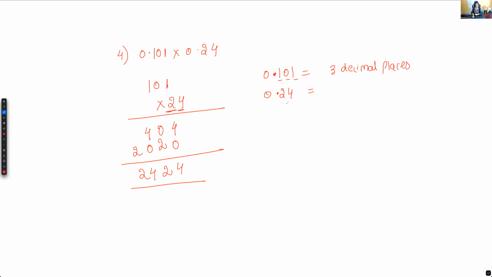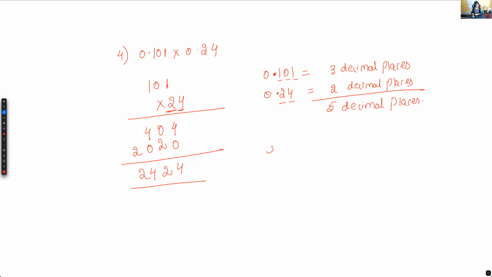And in 0.24, after the decimal point, we have 2 decimal places. So in total, we have 5 decimal places, because you're adding 3 plus 2, which is 5.